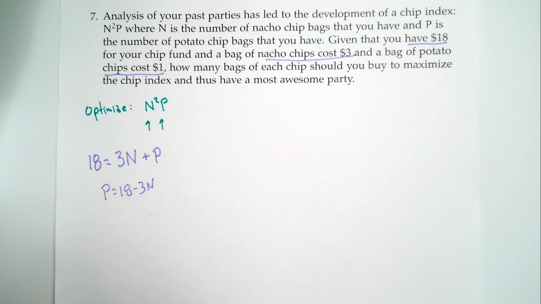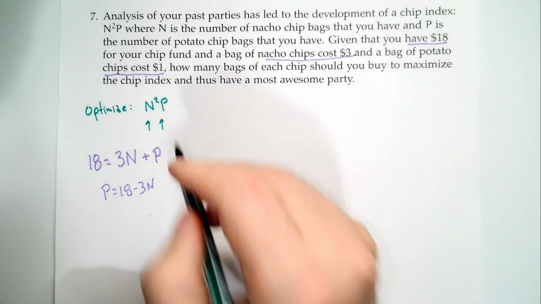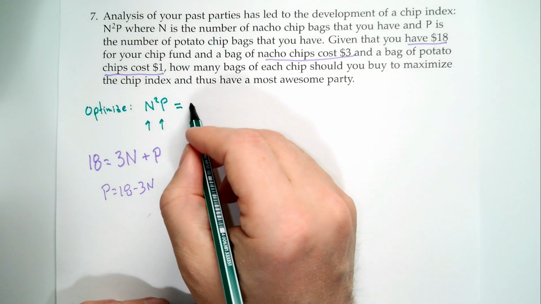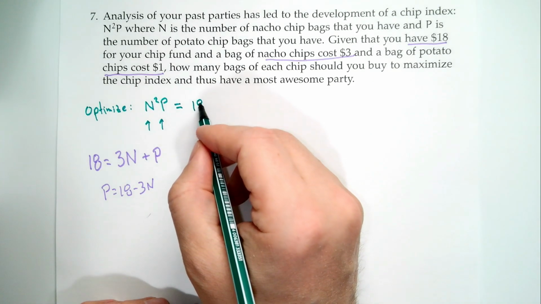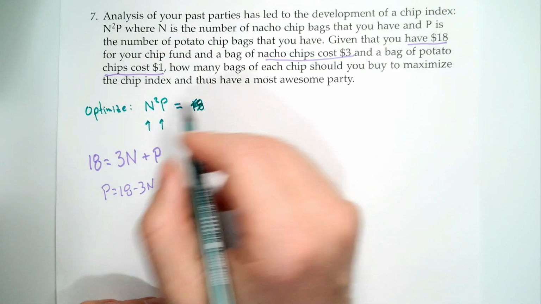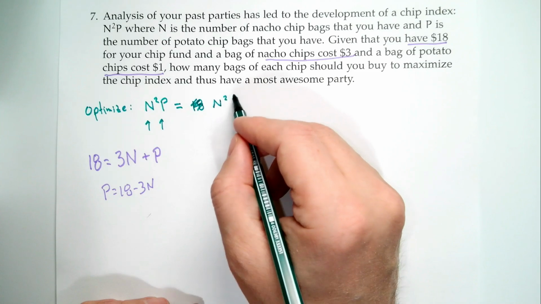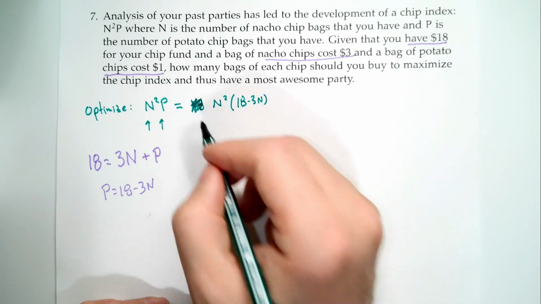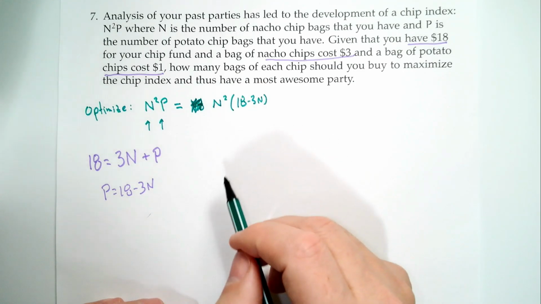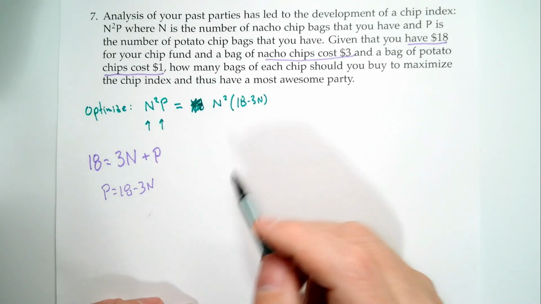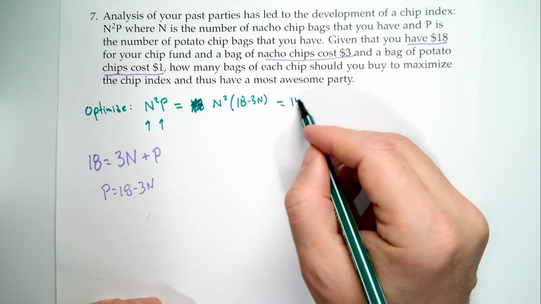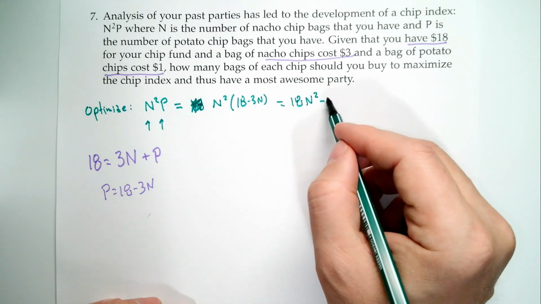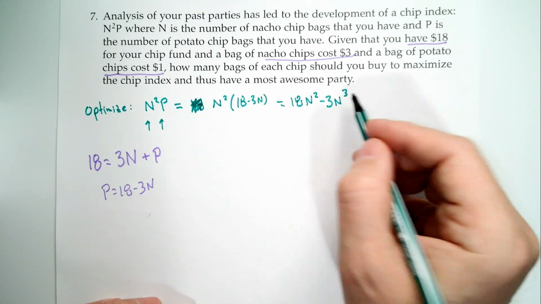Now, that can be used to come back to our original optimization problem. We say, look, let's get rid of one of our variables. So I can write this as, let me start with the n squared first, times 18 minus 3n. There we go. n squared times 18 minus 3n, or that's 18n squared minus 3n cubed.